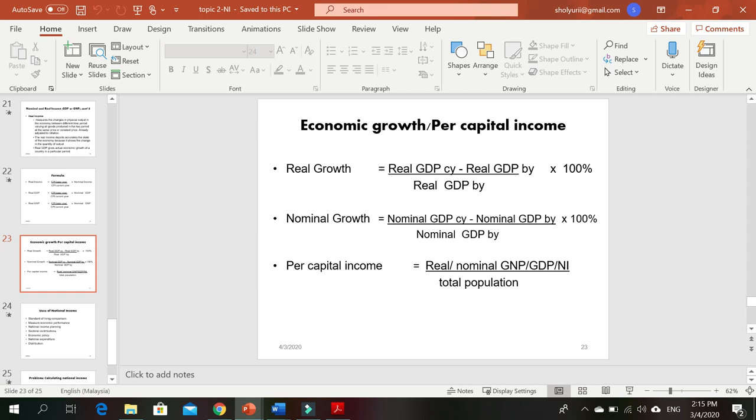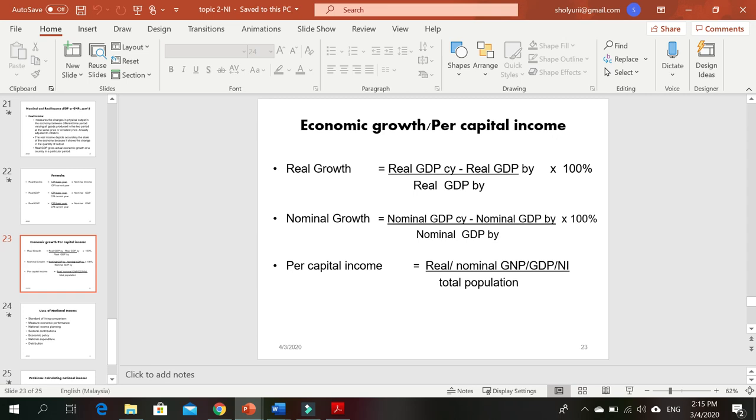Current year bermaksud, kalau kita nak tengok growth ni, growth bermaksud compare antara 2 tahun. Daripada tahun 1 kepada tahun kedua, apakah peningkatan ekonomi kita? What are our growth rate for between those 2 years? So, current year ni adalah tahun yang paling baru sekali.